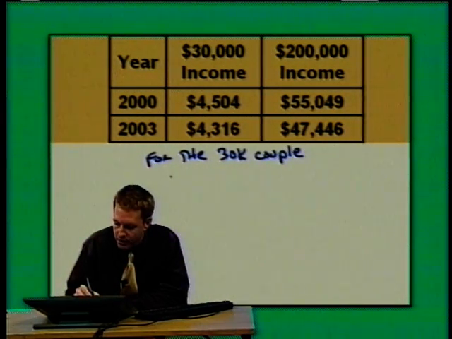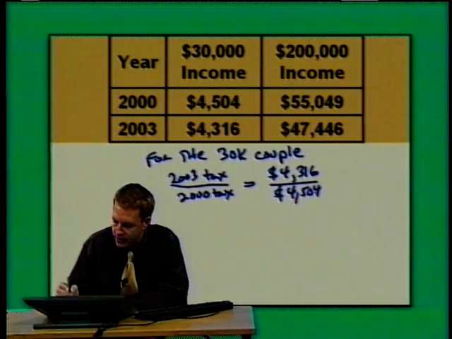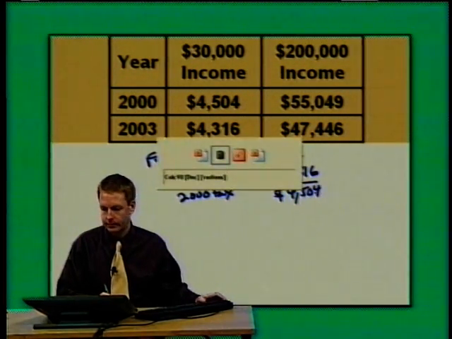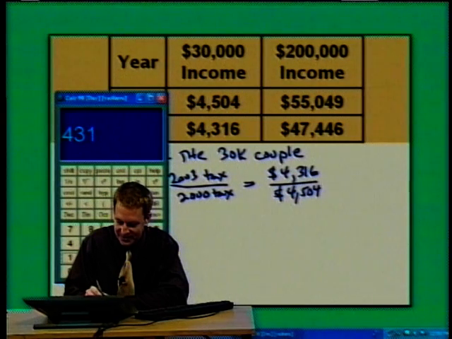The ratio formed by the 2003 tax compared to the 2000 tax is $4,316 divided by $4,504. So let's see, I better figure out what it is before I try writing what it is.